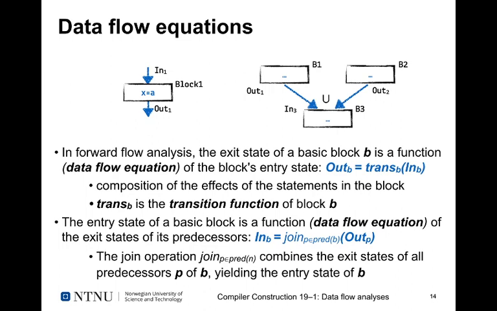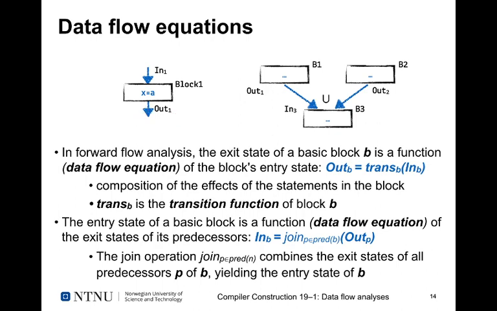Since we generally have multiple instructions in a basic block, this is the composition of the effects of all the statements in the block. So we look at what's coming in, apply all the operations inside of our block to our input variables, and then calculate what's going to happen with the output variables.